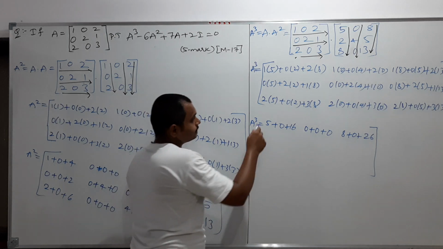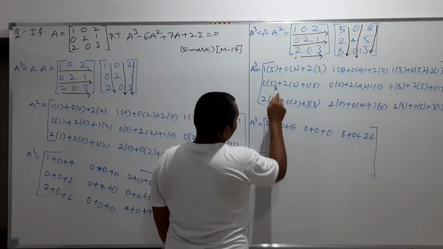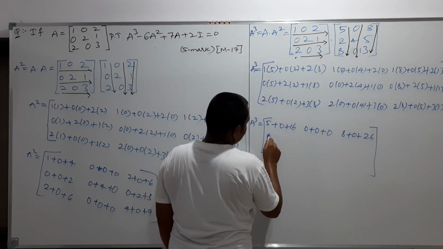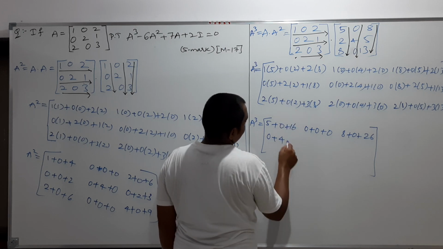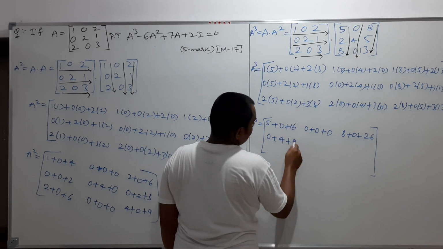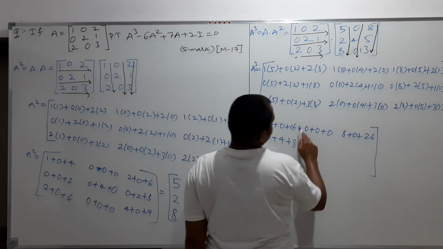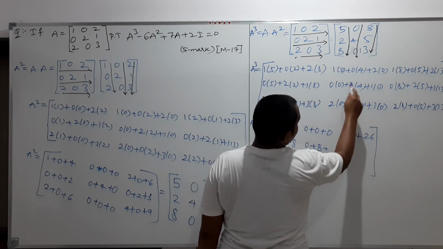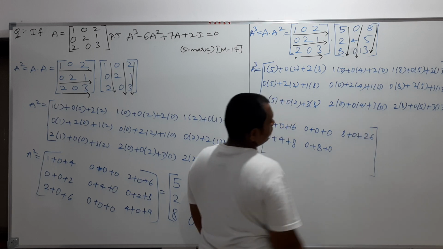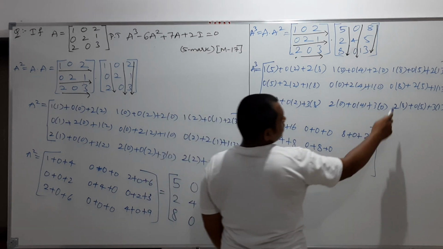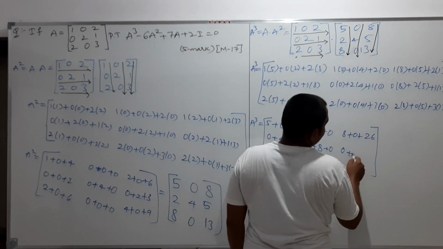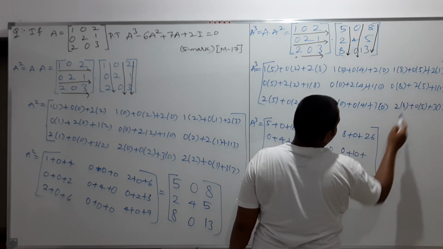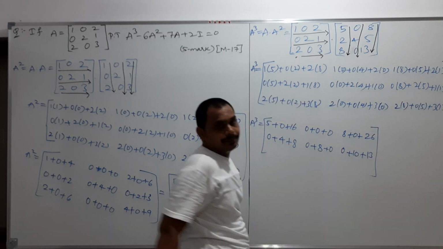Next, my dear students, 8 into 1 is 8, 0 into 5 is 0, 13 2s are 26. Clear? Next, 0 into 5 is 0 plus 2 2s are 4 plus 8 1s are 8. Next, 0 into 0 is 0 plus 4 2s are 8 plus 1 into 0 is 0. Next, 0 into 8 is 0 plus 2 5s are 10 plus 13.